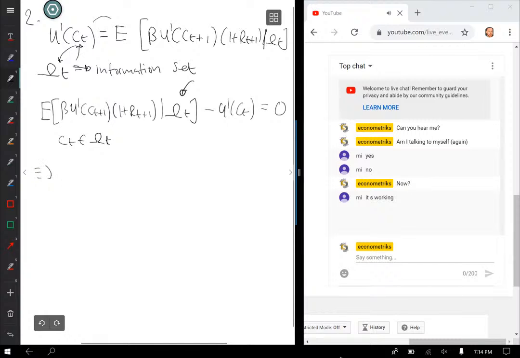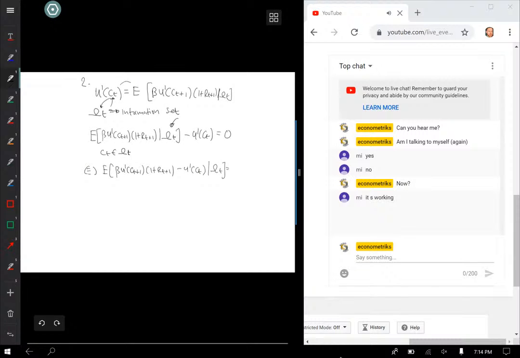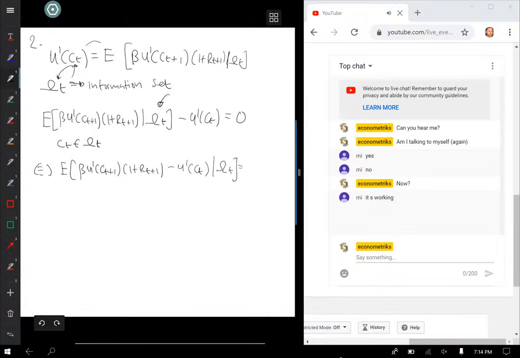This is equivalent to the expectation of beta u dash c_t plus 1, where beta is the time rate of preference, the discount factor, I forget the names of these things, but I don't do macro anymore, minus u dash c_t, given this. And this is because c_t is part of the information set at time t.